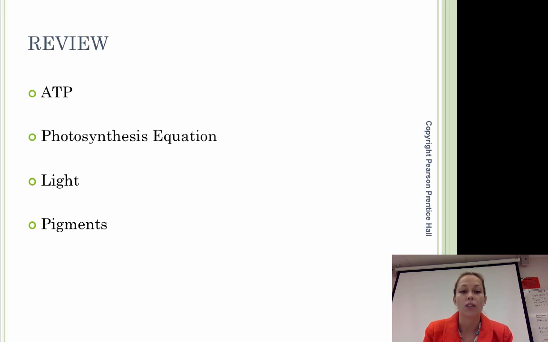You also need to know that light is important for photosynthesis to take place. That's how we capture the energy. And then you also need to be familiar with pigments. You need to know that the main pigment in plants, called chlorophyll, is responsible for capturing that light energy and making it possible for photosynthesis to work.